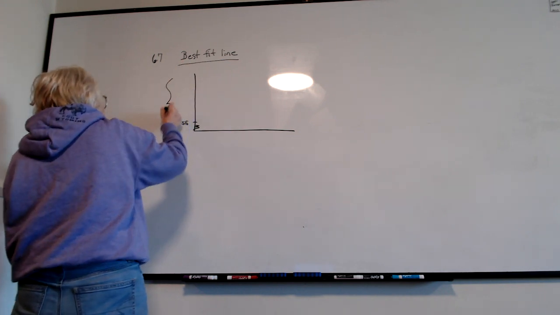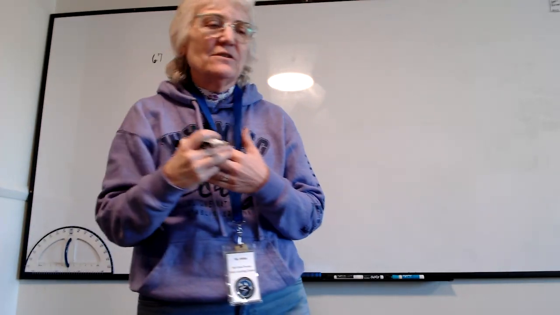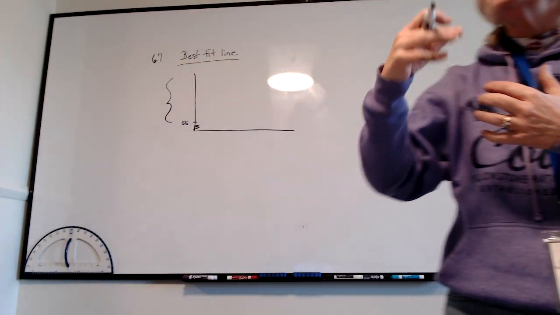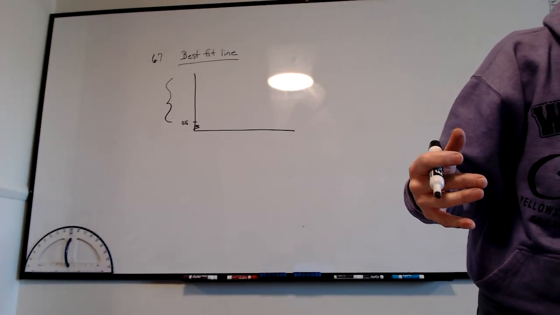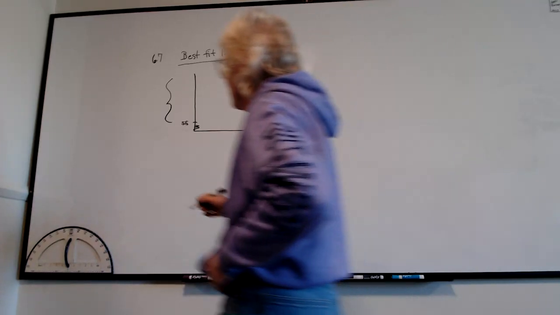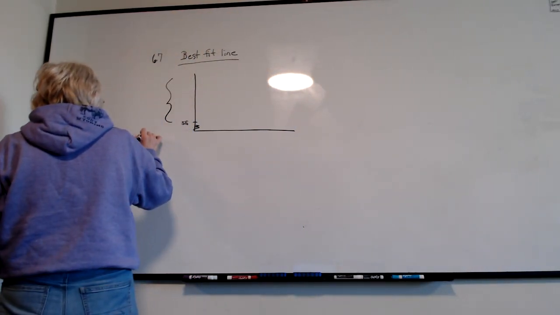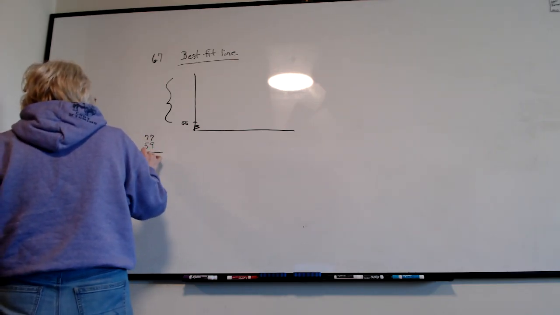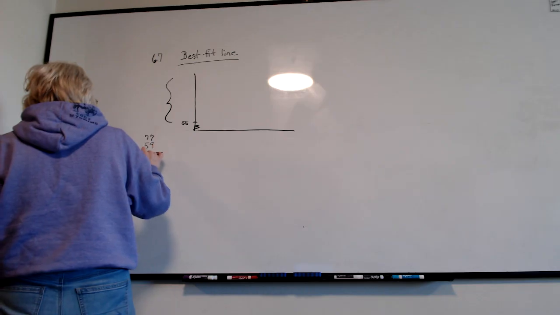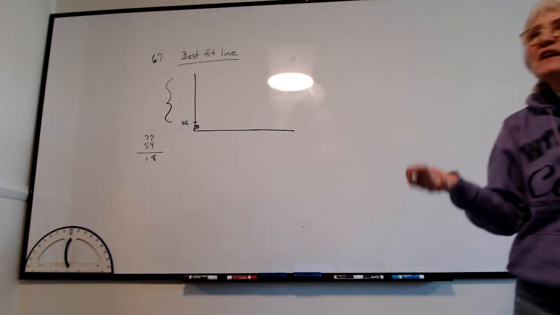When you're looking at this, this is something you need to know how to do. You need to know if it will fit on your graph. This goes from 59 up to 77. That is what, 18? Did I do my math right? Yes. That's a distance of 18.